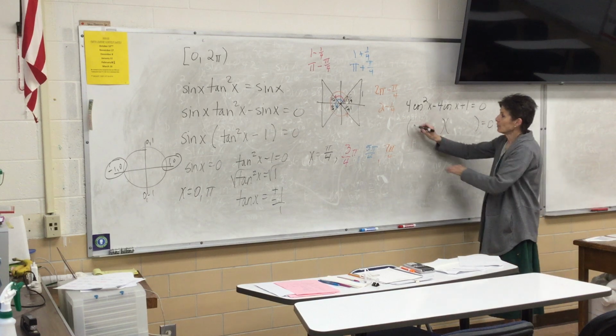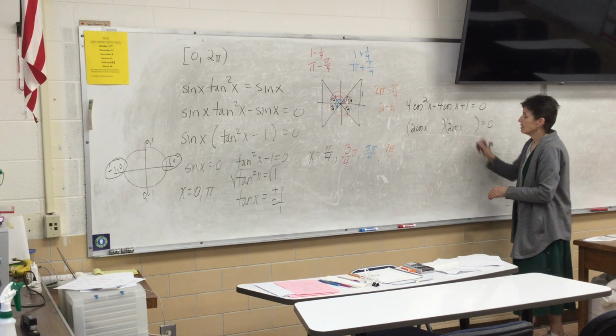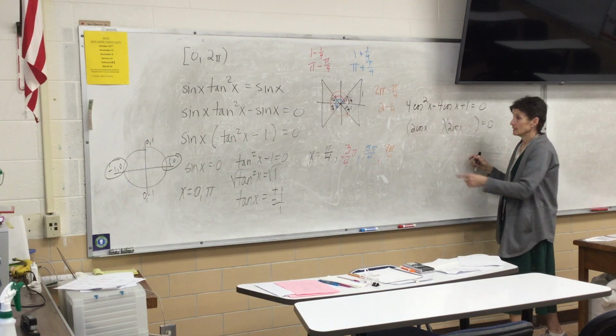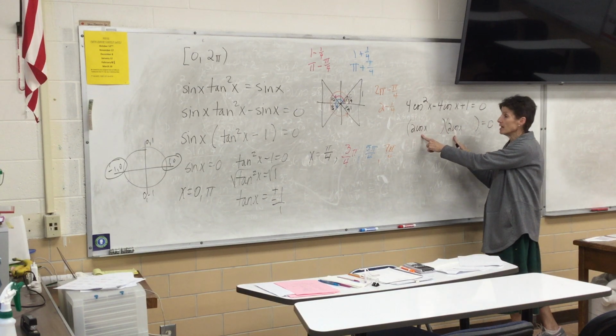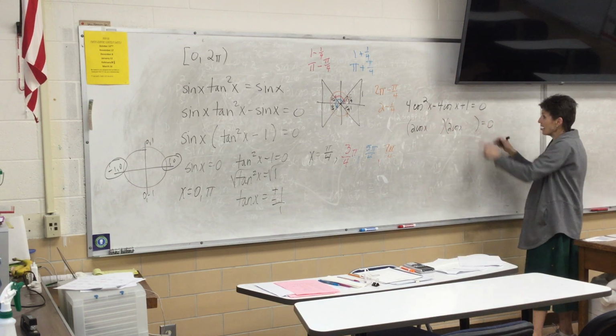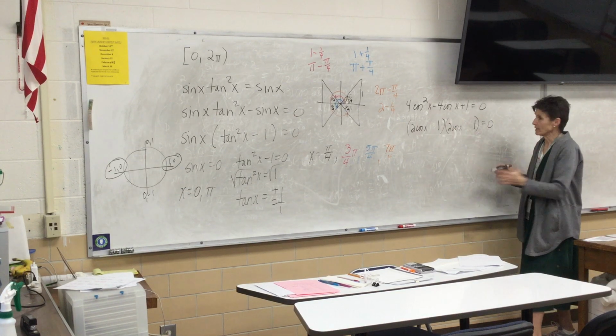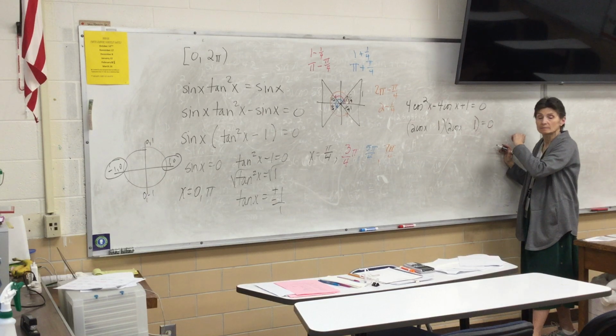So in the front of my parentheses, I'm going to put 2 cosine and 2 cosine. Because when I FOIL and take this times this, I will get 4 cosine squared. Now, at the end, I have to put 1 and 1, because, again, when I FOIL, 1 times 1 is 1.